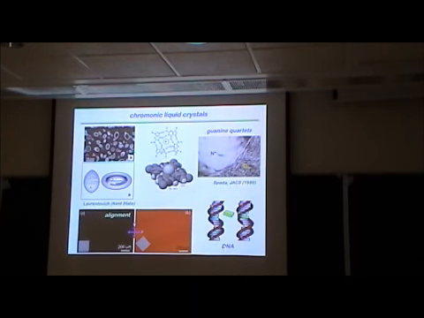Now you may recognize that this is the basic structure of DNA. So DNA is kind of a polymerized chromonic liquid crystal, and we'll talk more about that in the last lecture.